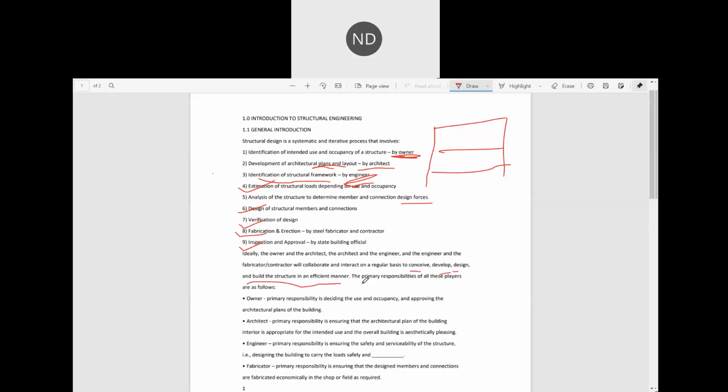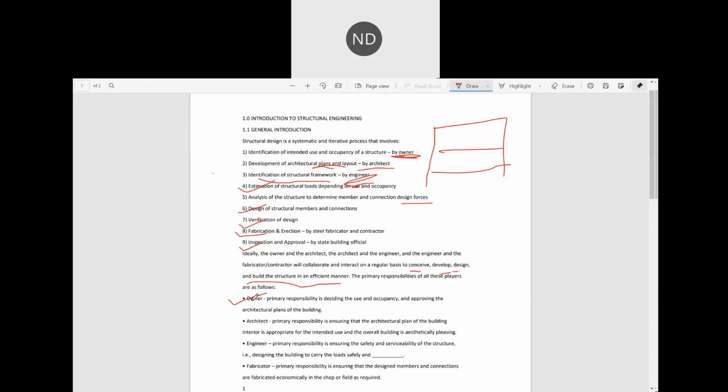The primary responsibilities of these players are as follows. The engineer, architect, fabricator, contractor, all of them have to be followed. The owner's primary responsibility is deciding the use and the occupancy and approving the architectural plans of the building.